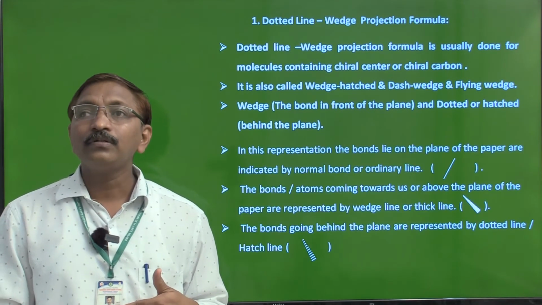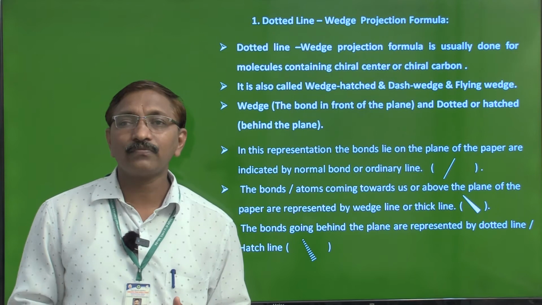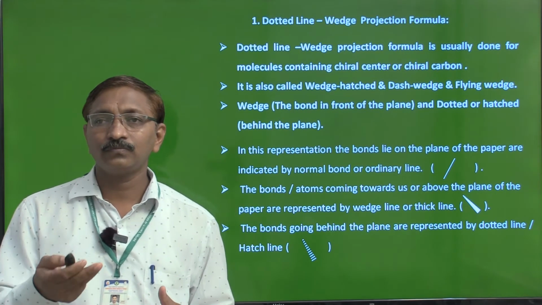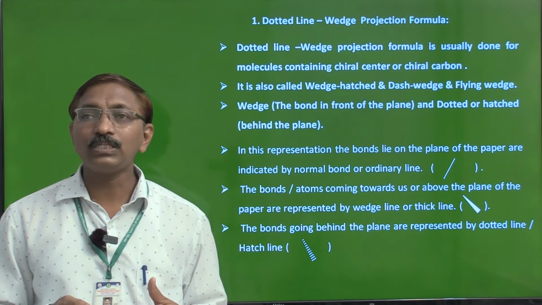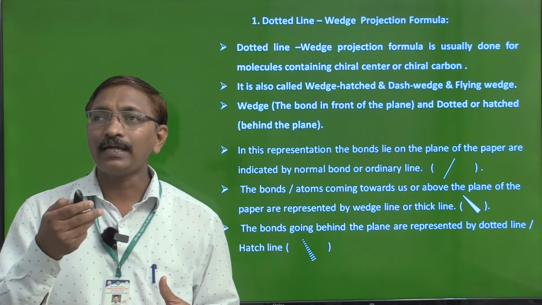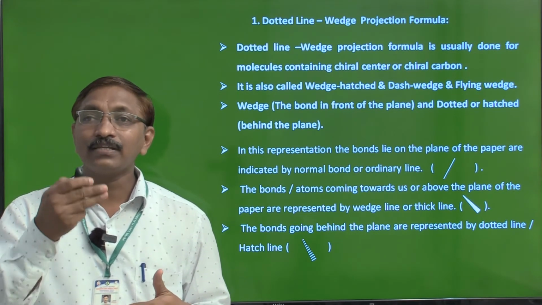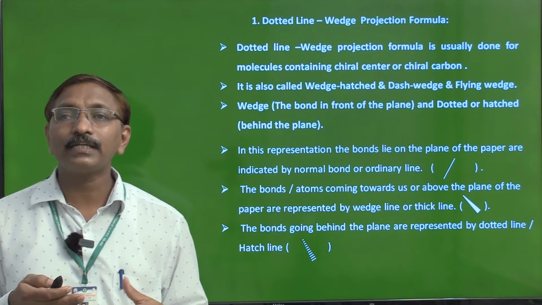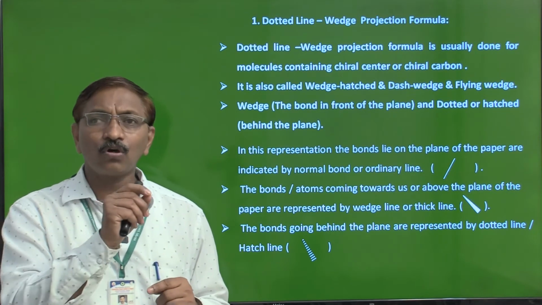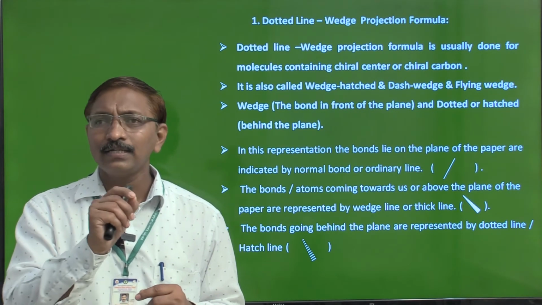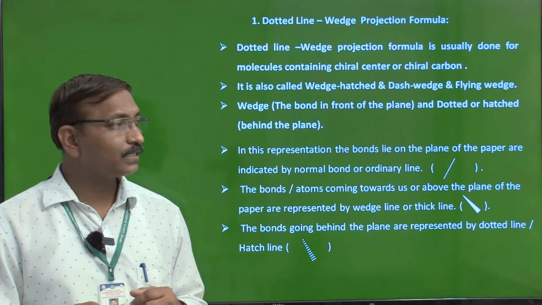So here, how can we represent such kind of projection formula? For this purpose we have to take that the bonds which lie in one plane are represented by a normal line, like a normal covalent bond, a simple line.